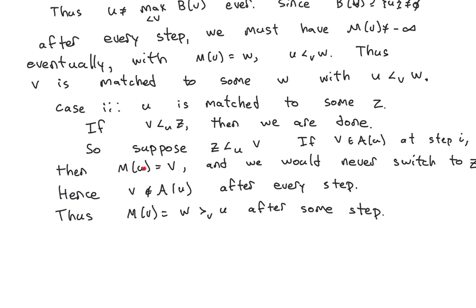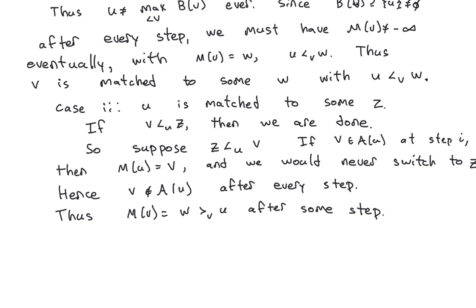Or if it didn't, it's because U accepted a job it preferred to V. So in particular, the fact that M of U did not end up being V means at some point U accepted a job that it preferred to V. And since it accepted a job that it preferred to V, we see that it would never switch to job Z. And so in particular, we can conclude that U never received a job offer from V after any step. Which means, as argued before, that job V must have accepted a candidate the company preferred to U after some step.